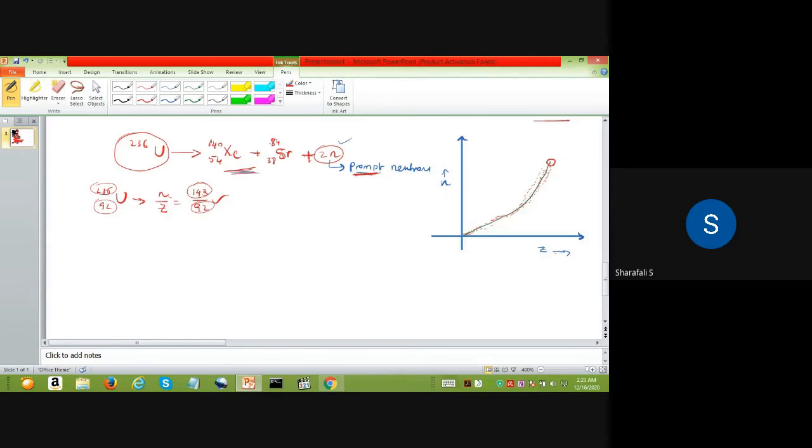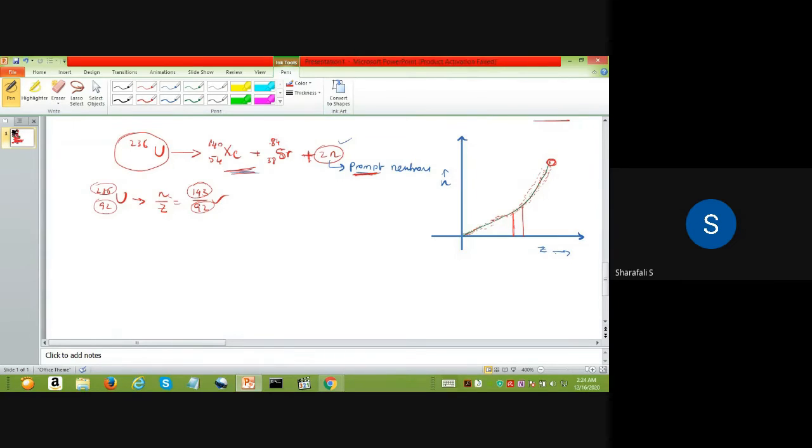So this uranium, which is somewhere here at the end of that curve with more neutrons as compared to protons, will come to around somewhere here after the fission reaction. One daughter nucleus will be somewhere here, and another daughter nucleus somewhere here, right?